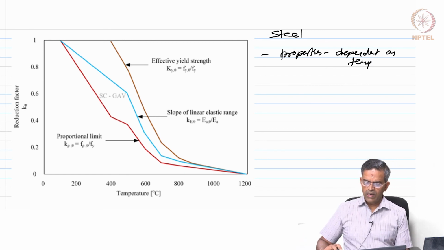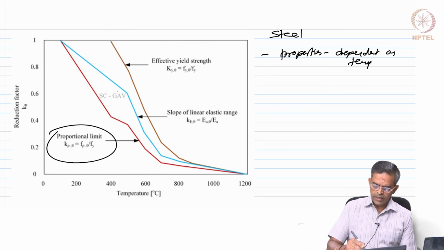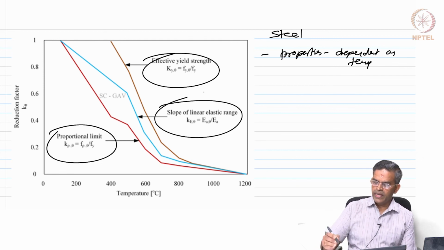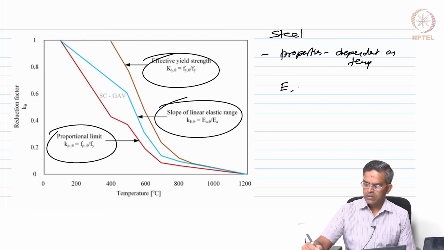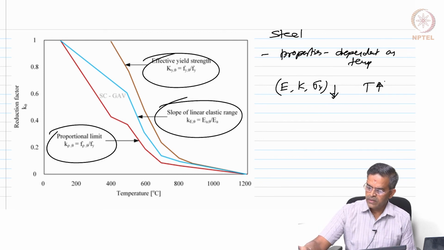Look at the effective yield strength and proportional limit as well as the slope of linear elastic range. So, the yield strength, the stiffness and modulus of elasticity all decrease with increase in temperature. Am I right?